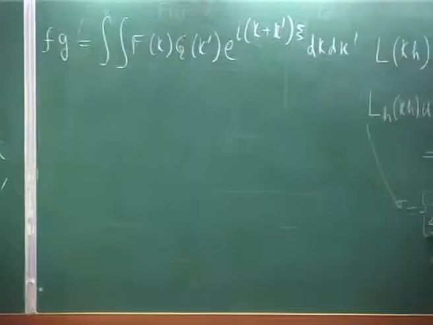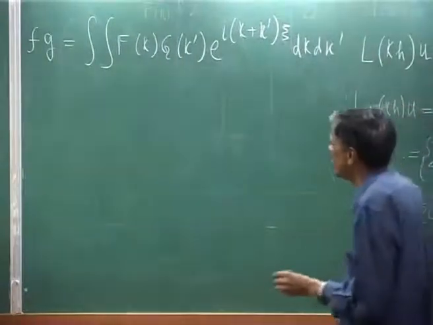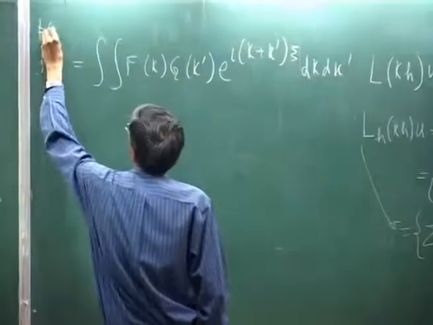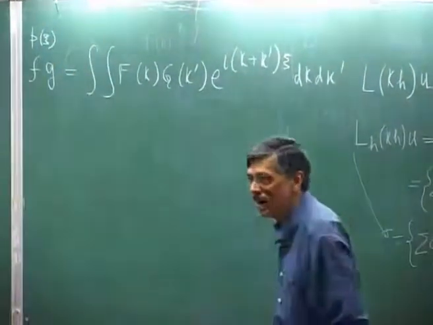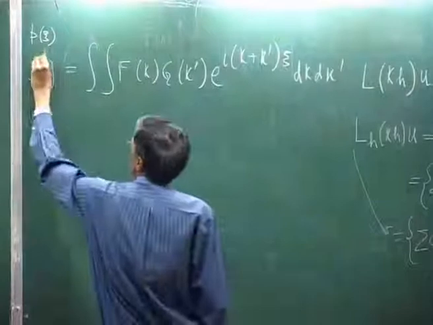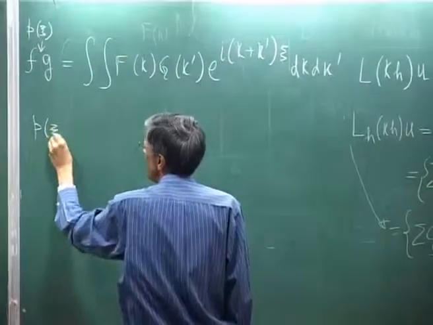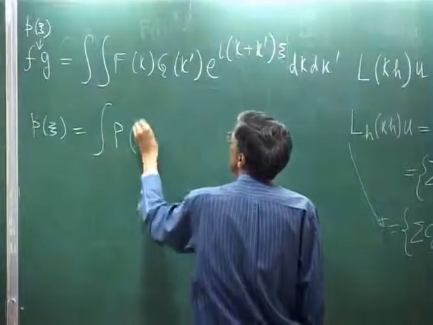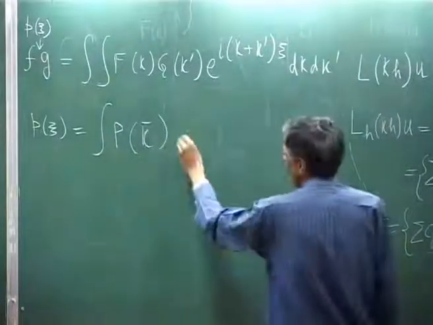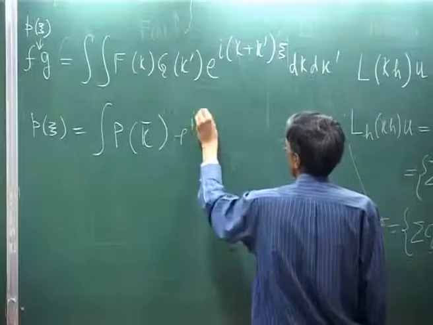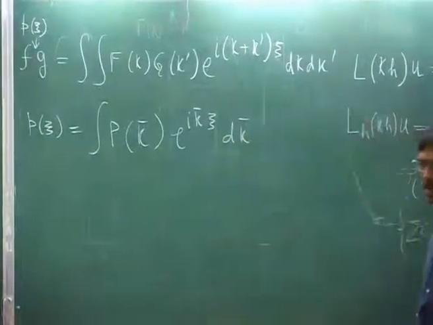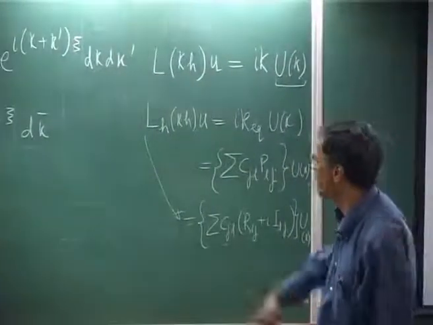So, what we are noticing is that this product, if I may call this p of xi, I could write that product function p of xi as some p of k bar. Okay. Now, what has happened here?